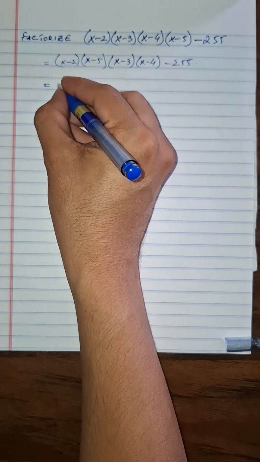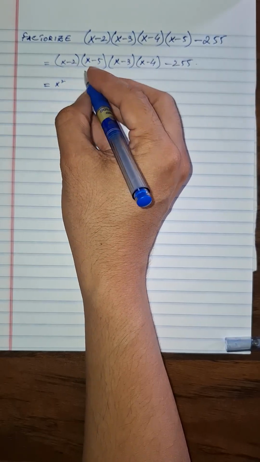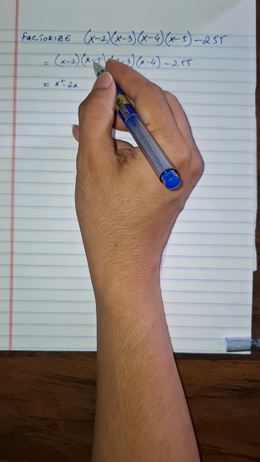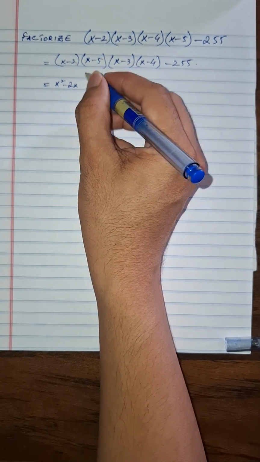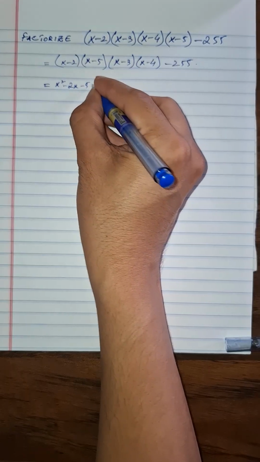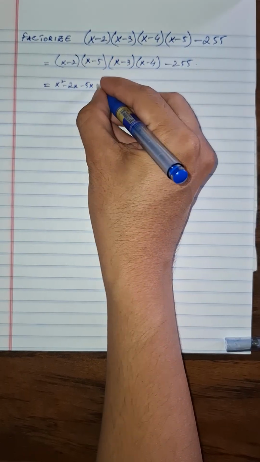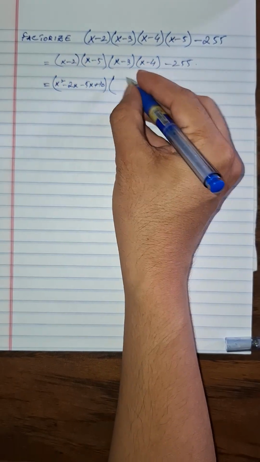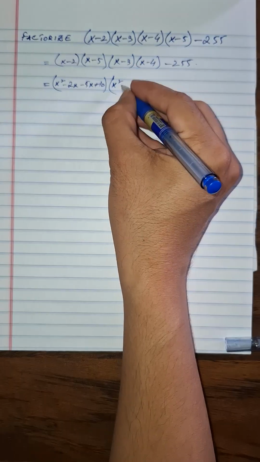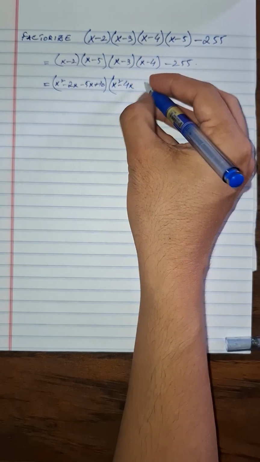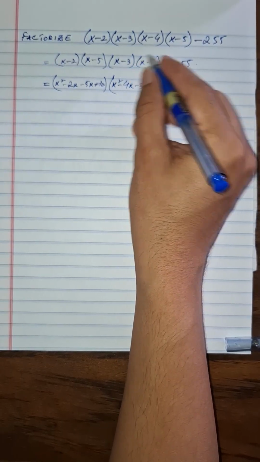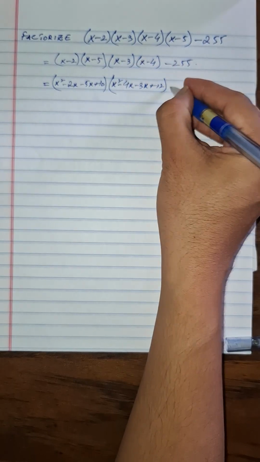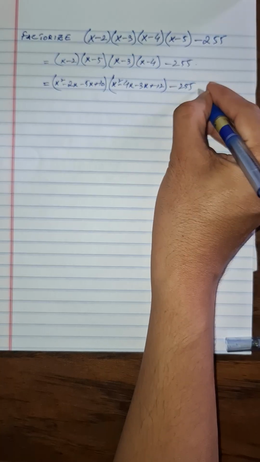So we can write it as x square, minus 2x, and then minus 5x, plus 10, right, and then we can write it as x square minus 4x minus 3x plus 12, and then minus 255.